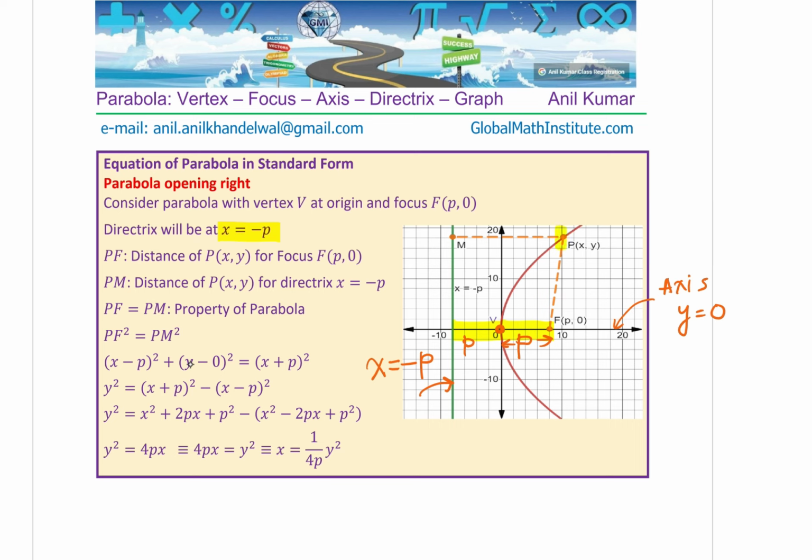Now this point has to be the same distance away from the fixed point, the focus, and the line, the directrix. So these two distances are equal. That will help us to get the equation. So we know that PF, the distance of the point (x, y) from the focus F, which is (p, 0), and PM is the distance of point P from the directrix.